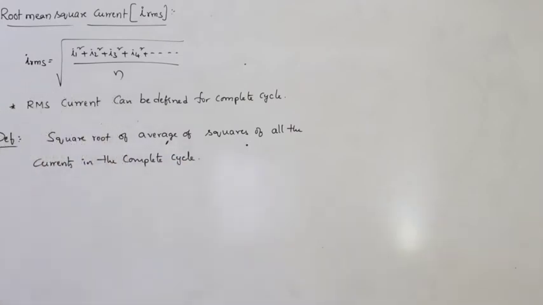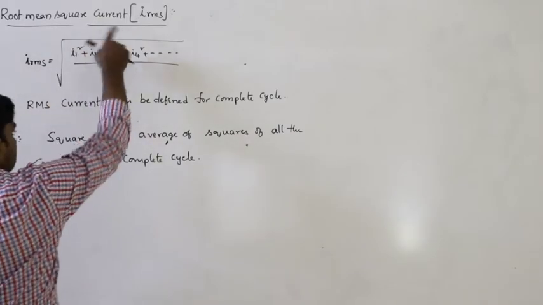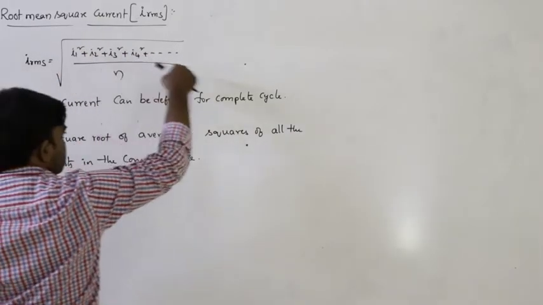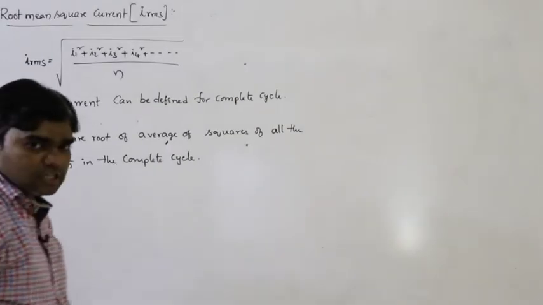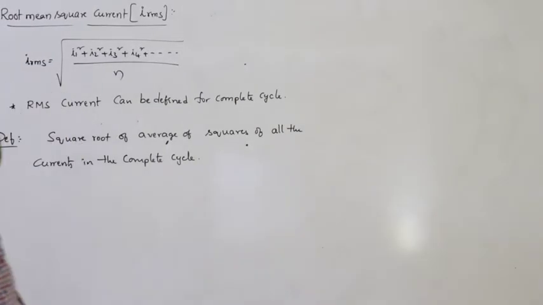This is called RMS current, square root of the average of squares of all the currents present in the complete cycle. So this is called RMS current.